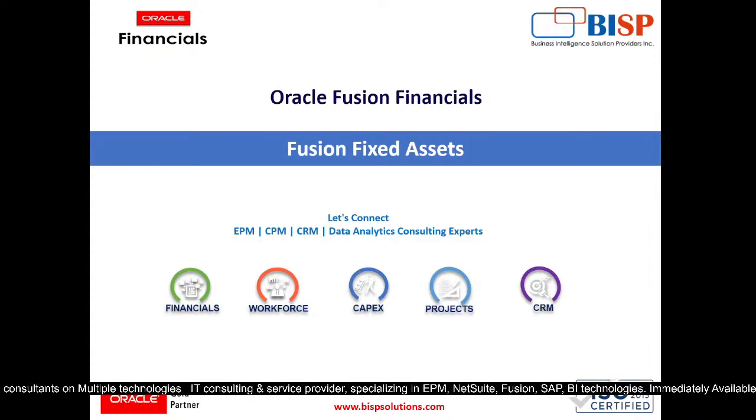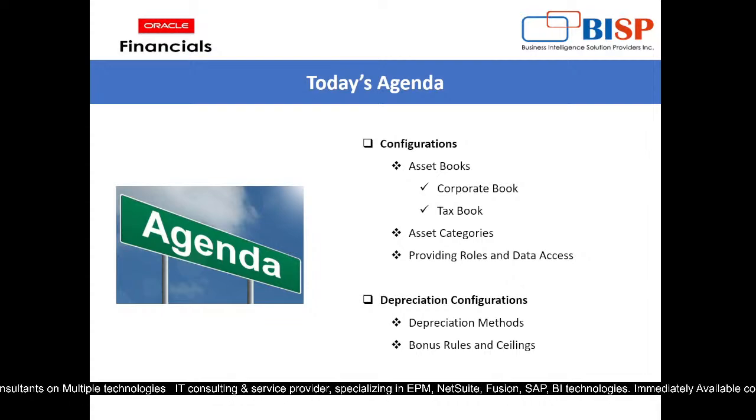Now our today's agenda will be the remaining configurations. First we are covering the mandatory ones, and then we will also visit the optional setups that we can have in place. So today's agenda will be to cover the asset books.